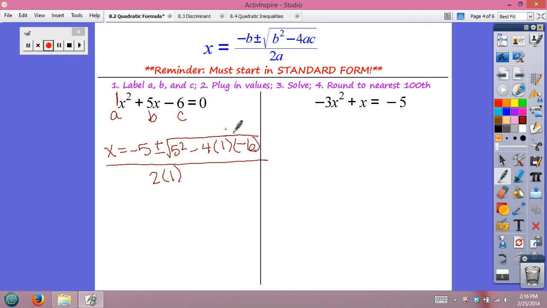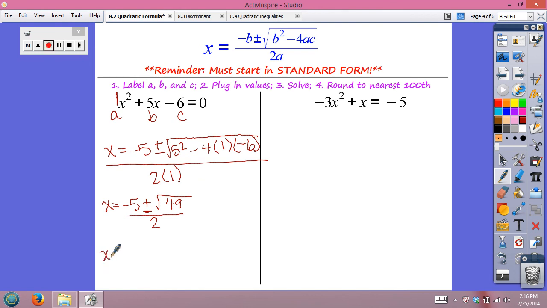The next thing we do is solve or simplify. So we have x equals negative 5 plus the square root of 49 all over 2. Now, oops, this is plus or minus. Remember, we have the plus or minus in the middle here, meaning we have two solutions.